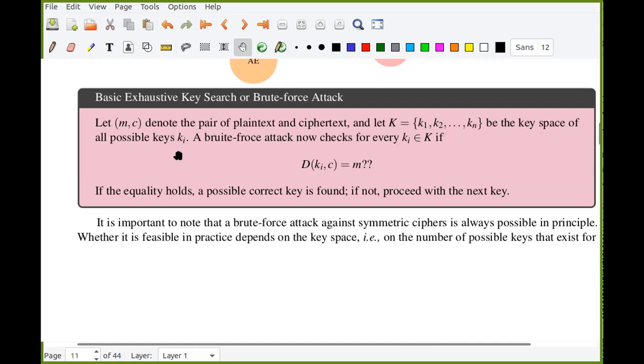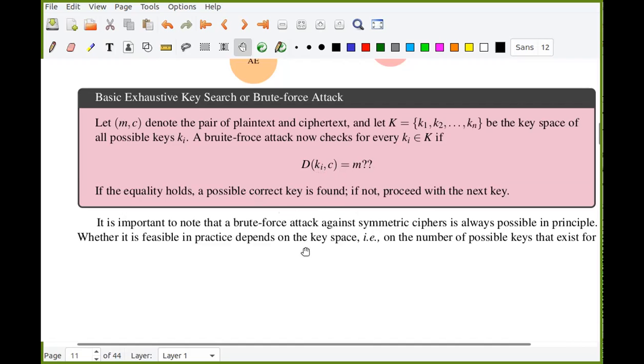The brute force attack checks for each Ki the decryption function: decryption of Ki, C equal to M. We have a cipher text but do not have the original message; the adversary only knows the cipher text. By using different keys, they want to get the original message. If you check with all the keys, it is highly possible that we'll get it. When equality holds, a possible correct key is found.